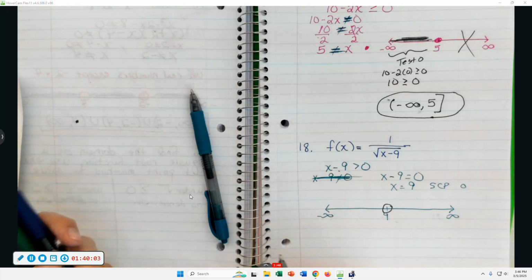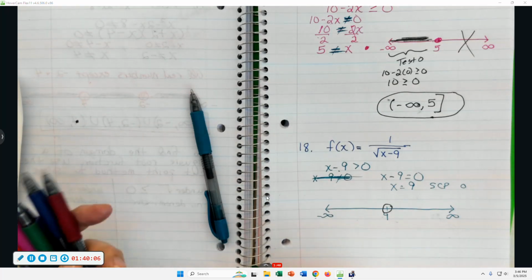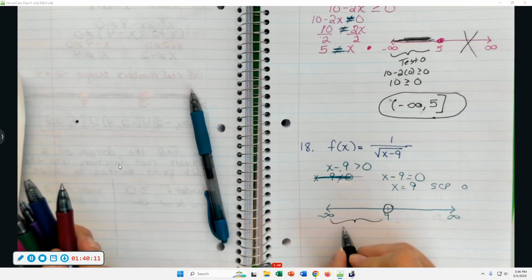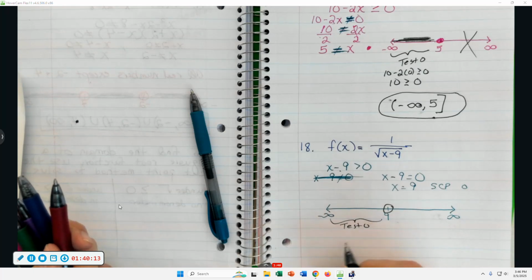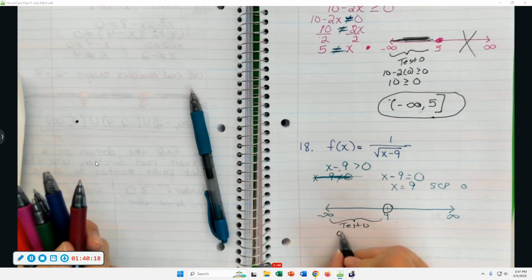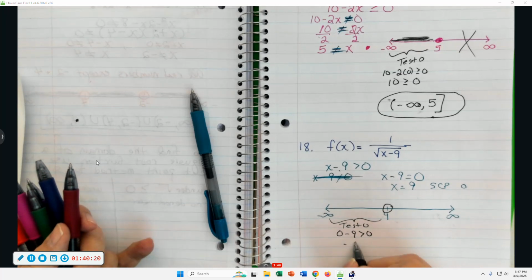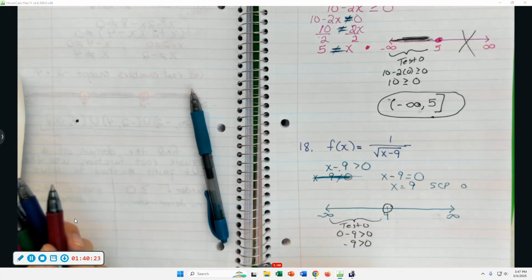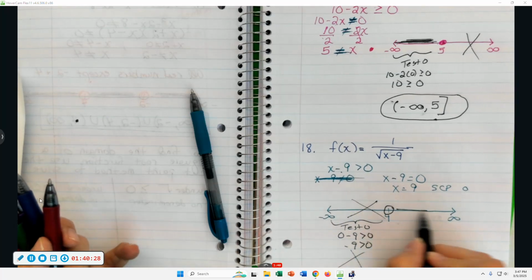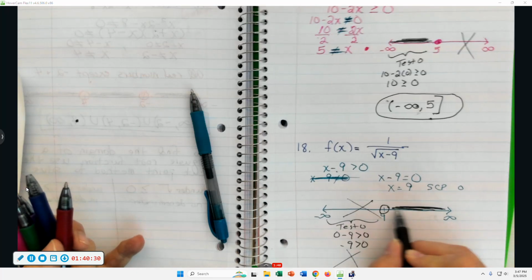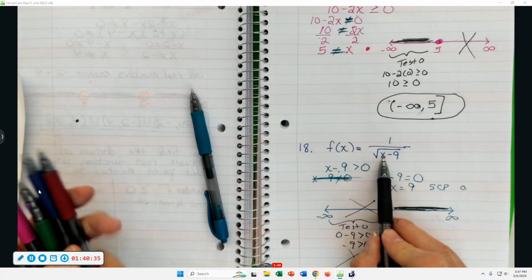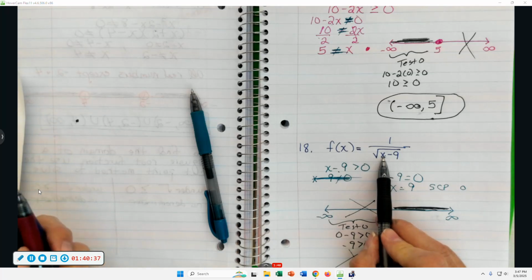Test an interval. How about which interval contains 0, left or right? Left, let's test 0 then. That's easy to plug in. If I plug 0 in, am I going to wind up with a negative number? I get negative 9 is greater than 0. No. Cross out. So you want the right ones. Every number to the right of 9 will give us back a y value that's a real number.